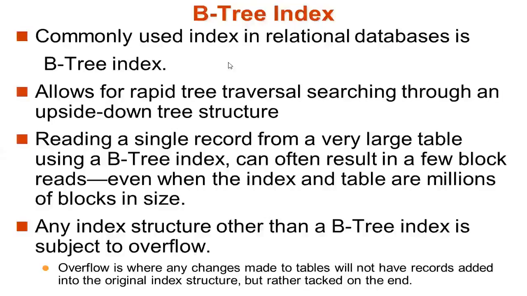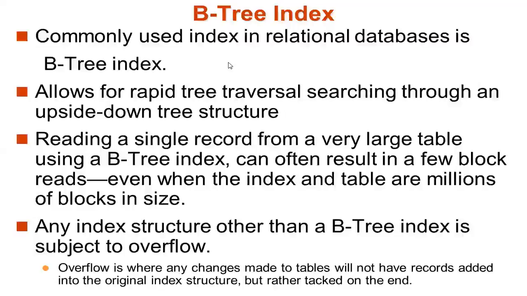Mainly in the relational database management system, the B tree and B plus tree are the most commonly used indexing mechanisms. The commonly used index in a relational database is the B tree index, and it allows for rapid tree traversal, searching through an upside down tree structure.